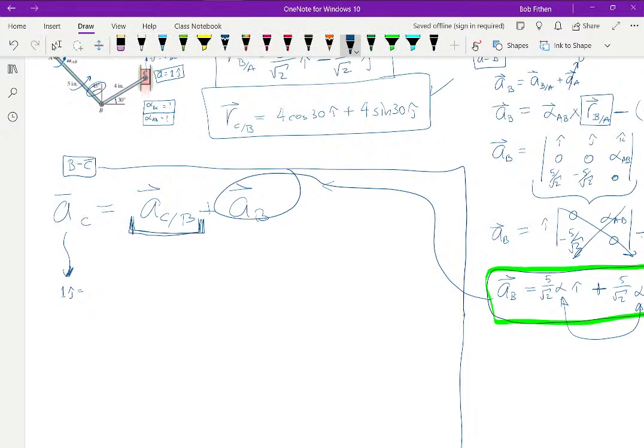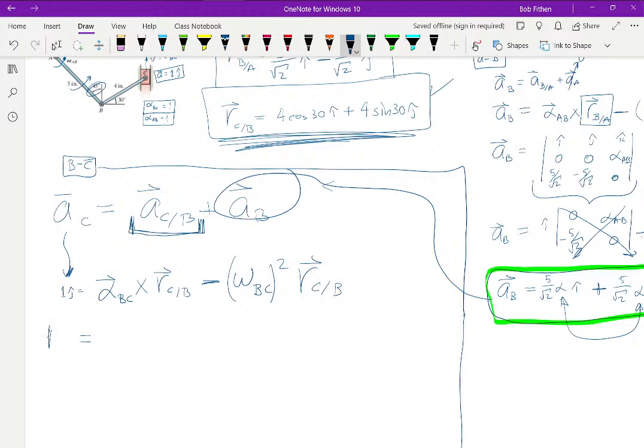Now, let's mimic what we've got here. Alpha BC, which I do not know, cross R C to B, which I do know, right here, minus omega BC, its magnitude squared, times R C to B. Excuse me.